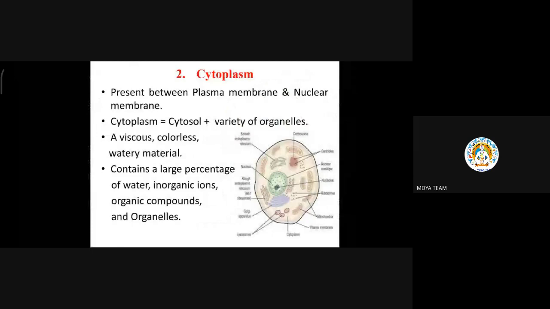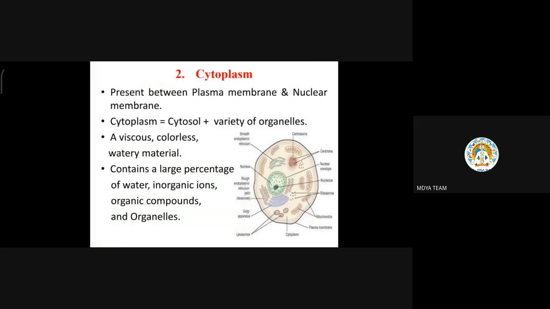So it is present between plasma membrane and nuclear membrane. So what is cytoplasm called? Cytoplasm equals cytosol plus a variety of organelles.